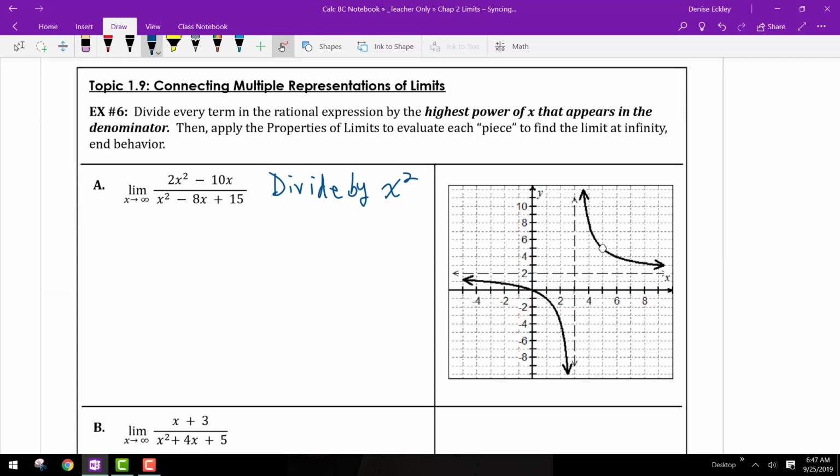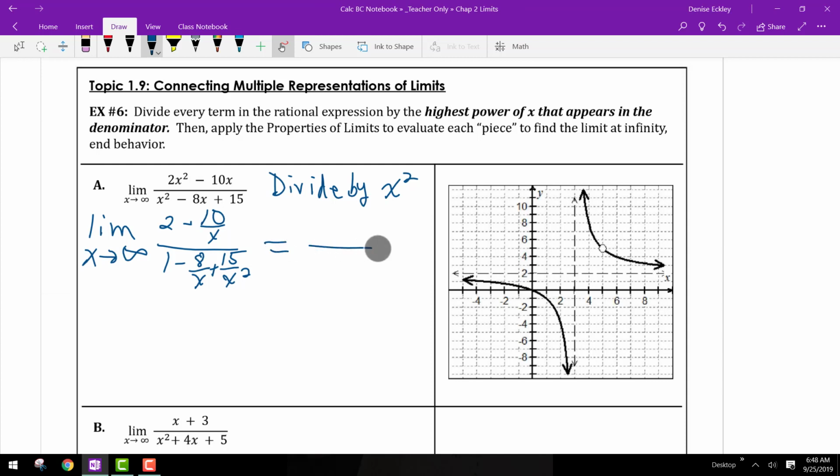When we do that, we get this limit: the limit as x approaches infinity of 2 minus 10 over x divided by 1 minus 8 over x plus 15 over x squared. Now we can do direct substitution. 2 is 2. 10 over a very, very large number is going to be headed towards 0 because the power in the denominator is bigger.